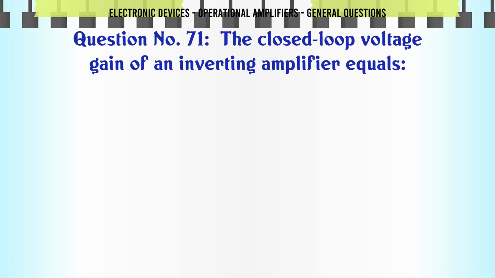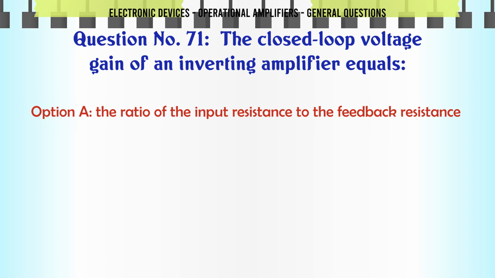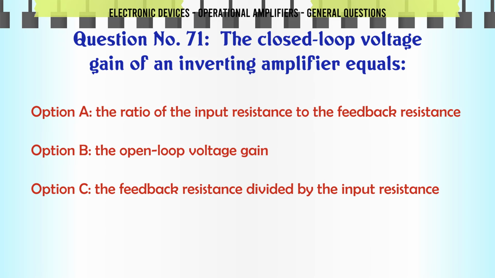The closed-loop voltage gain of an inverting amplifier equals A. The ratio of the input resistance to the feedback resistance, B. The open-loop voltage gain, C. The feedback resistance divided by the input resistance, D. The input resistance.